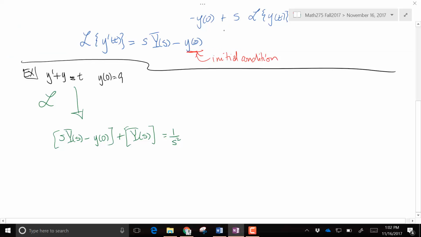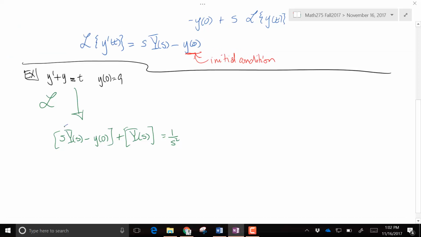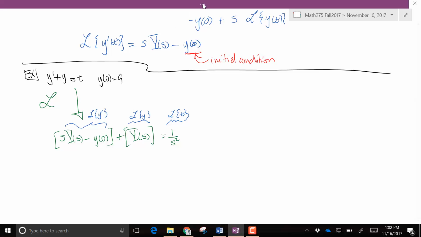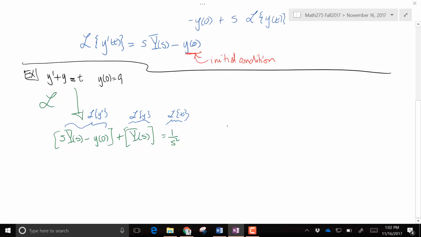Before we do that, let's just make sure that we're understanding that this is the L of y prime, and this is the L of y, and this is the L of t. All right.